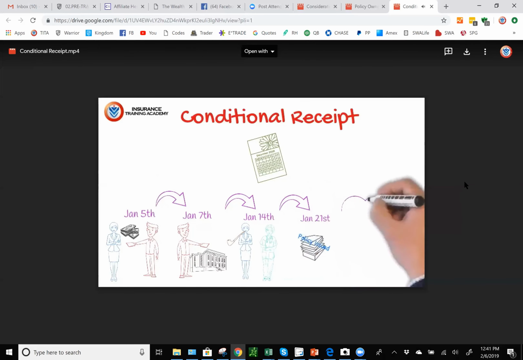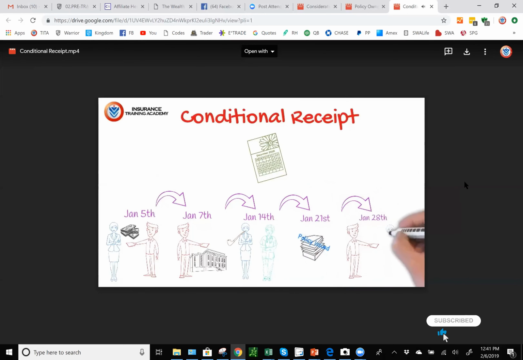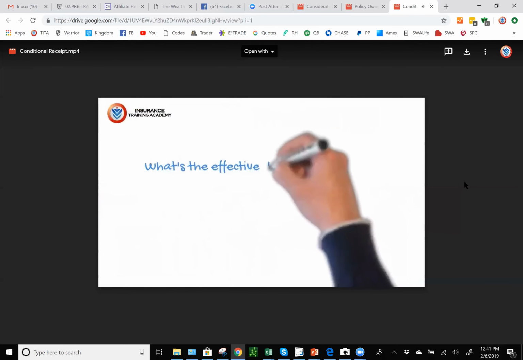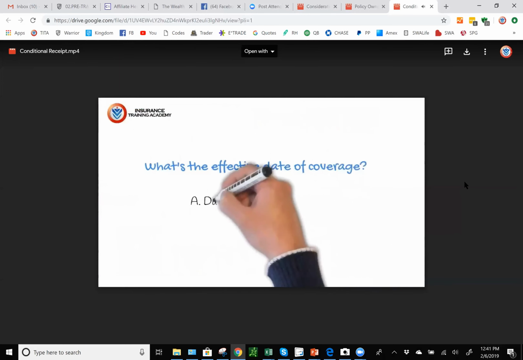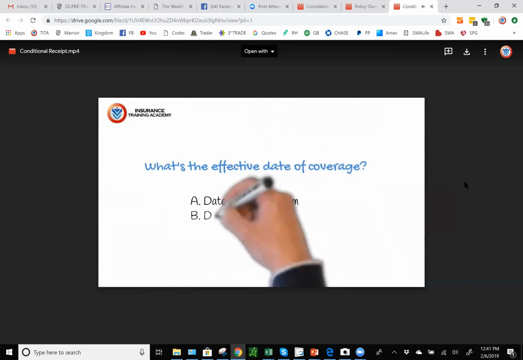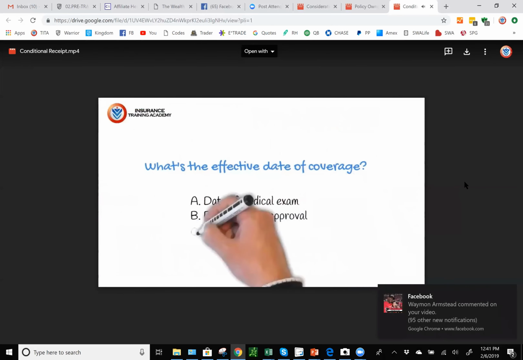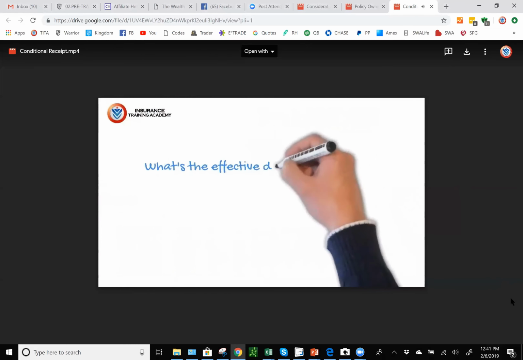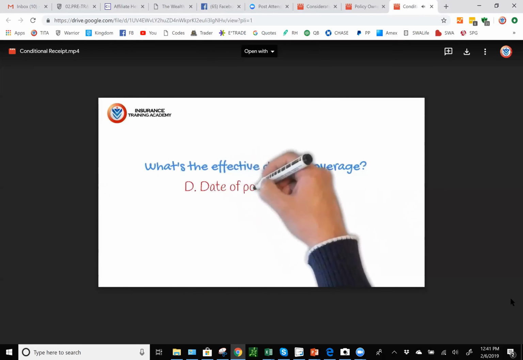A week later, Bob delivers her policy. Now, what's the effective date of coverage going to be this time? Your options are for the effective date either going to be A, date of medical exam, B, date of policy approval, C, date of application, or D, date of policy delivery. What do you think? Hopefully you pick D, date of policy delivery.